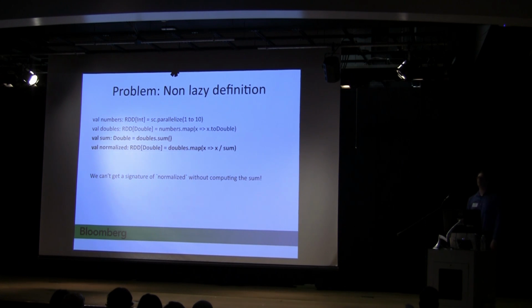So now there's a problem. What if we have functions and dependencies that depend on the computation of a result? Here's an example. Let's say we have a bunch of numbers and we want to normalize them such that they all add up to 1. In order to do that, you need to compute the sum, and then divide every element by that sum.